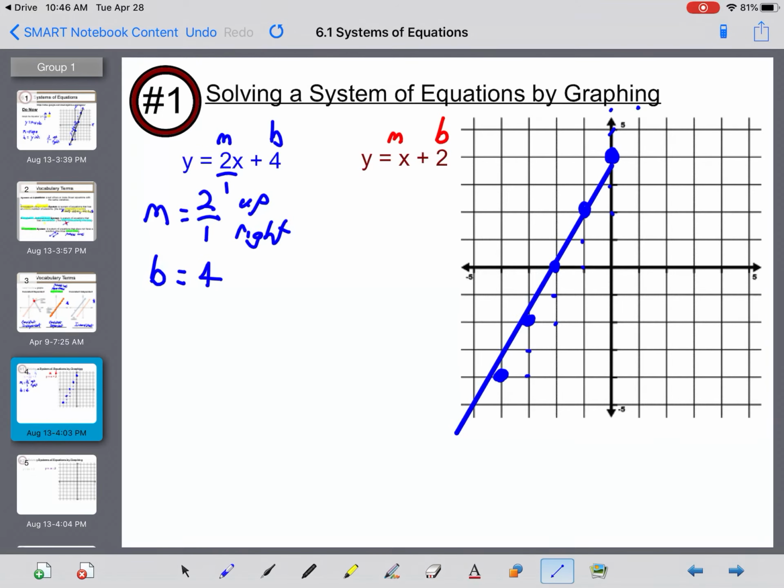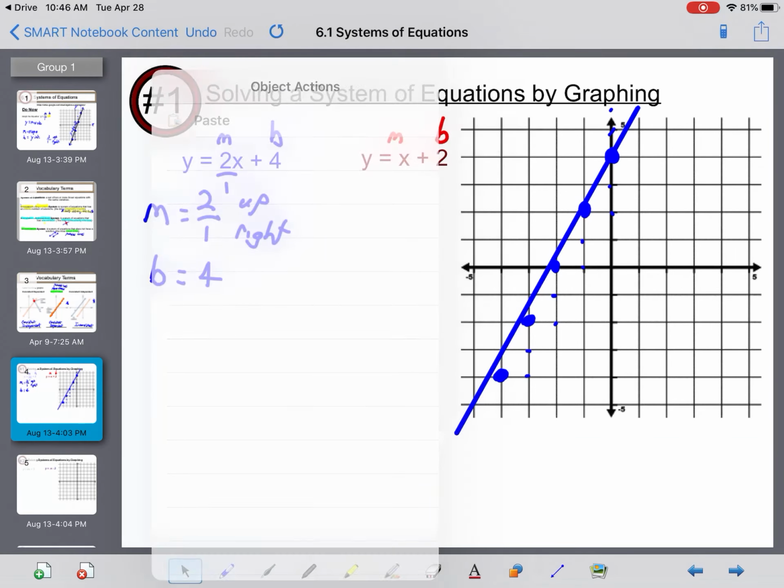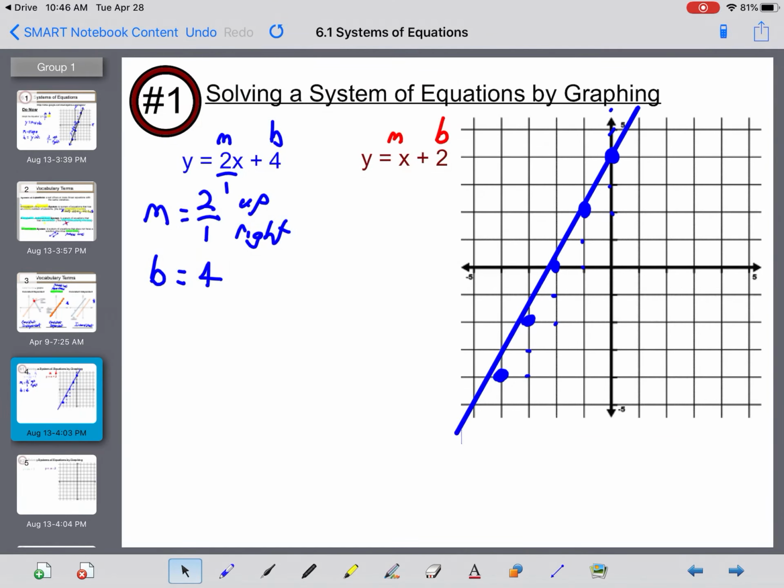There we go. A little off center there. Let's redo that. There we go. Okay, put arrows on the end and label. Y equals 2x plus 4.